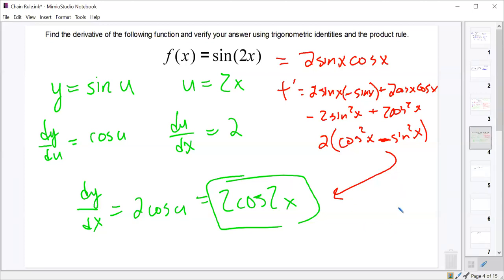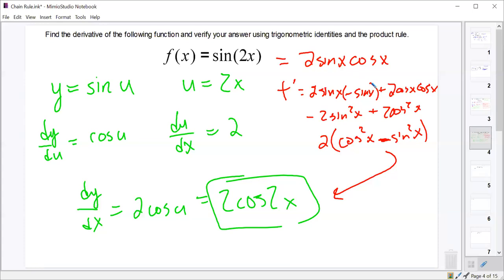I have a quick question. When you found the derivative of 2 sine x, it was 2 cosine x. How did you get the plus cosine times 2 cosine x? Why did you keep the 2? Over here? Yeah.